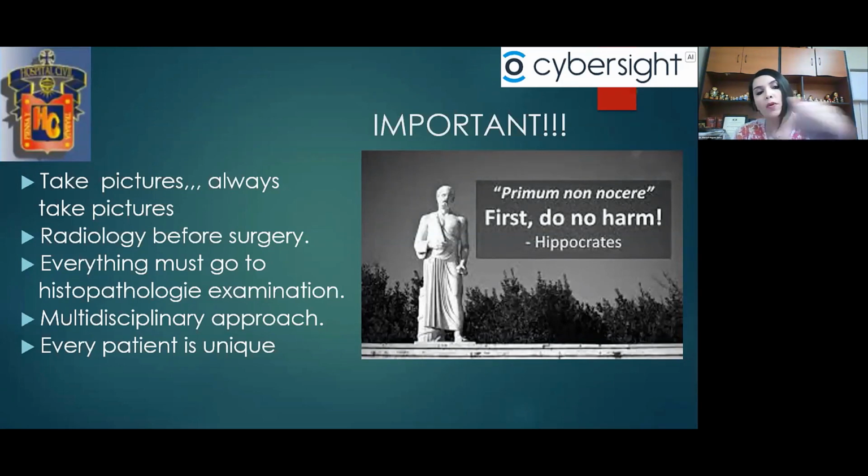And another point is that everything must go to histopathology examination. Maybe it's obvious, but even if you remove a pterygium, a little mass in the eyelid, a little mass in the skin, even if it looks very simple, very inoffensive, always send everything to histopathology examination.